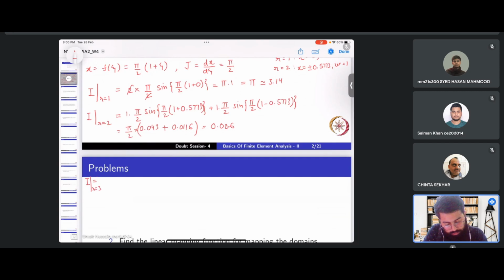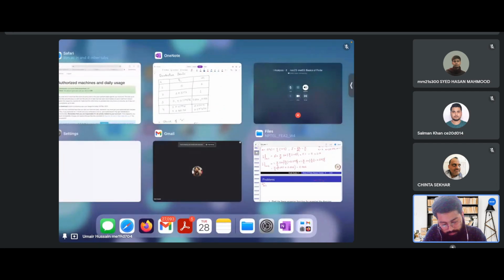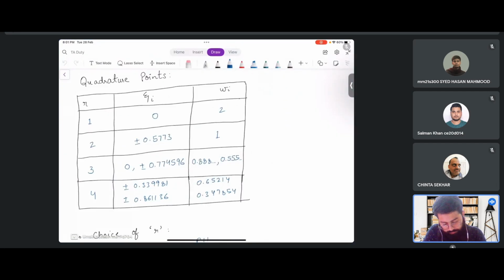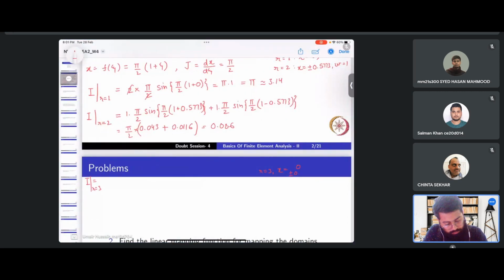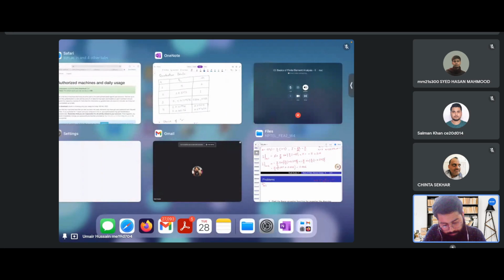So for r equals 3, the quadrature points are 0 and 0.774. Sorry, the quadrature points are these, and the weights are 0.555 and 0.888.